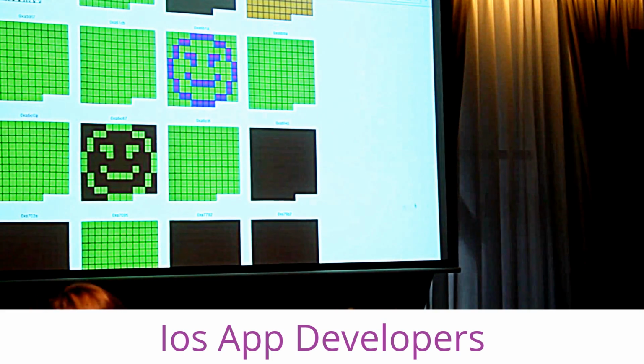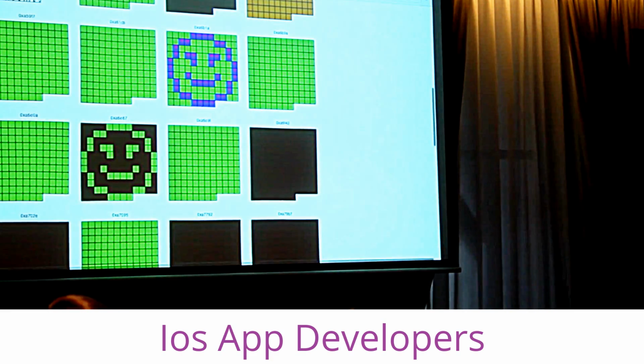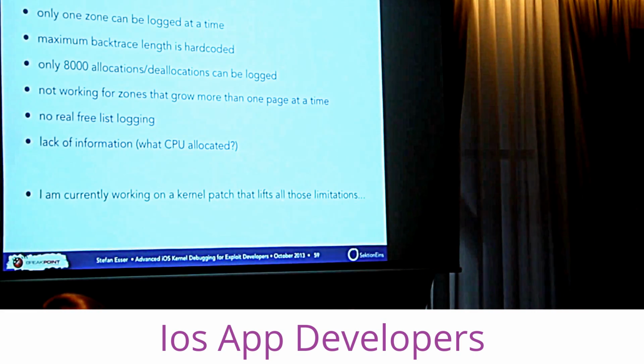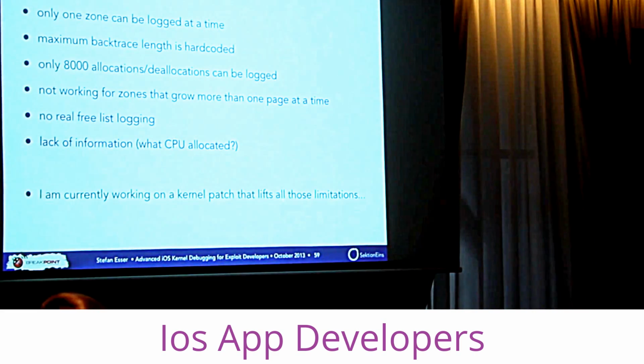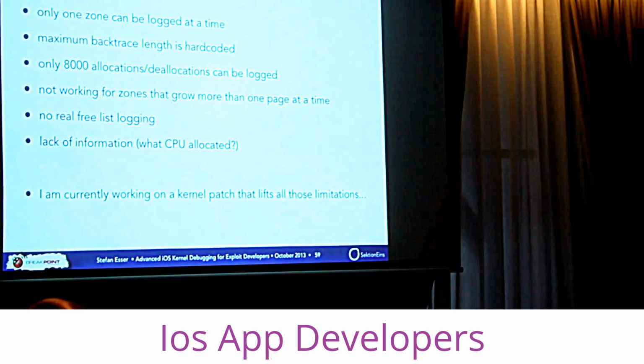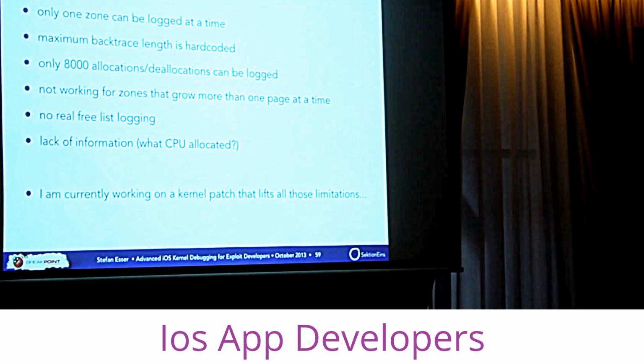The last thing I want to say is that I'm working on an improvement, because as it is right now, it has a bunch of limitations. Right now it can only log one kernel zone at a time, but during heap exploitation you often need to control several zones at the same time.